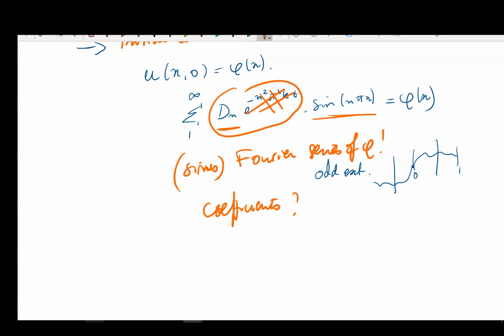So let's see. The b_n coefficients for phi, so my period is 2, so half a period is just going to be 1, 1 over 1, the integral on my whole period, from -1 to 1, of phi of x times sin(nπx) dx. These being two odd functions, the phi and the sine, that makes it an even function.